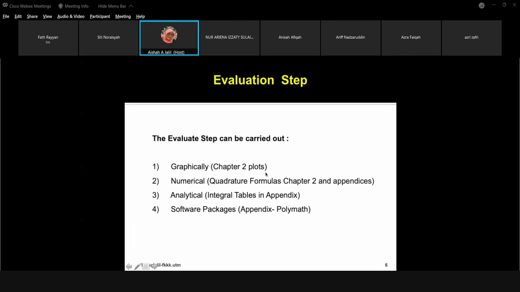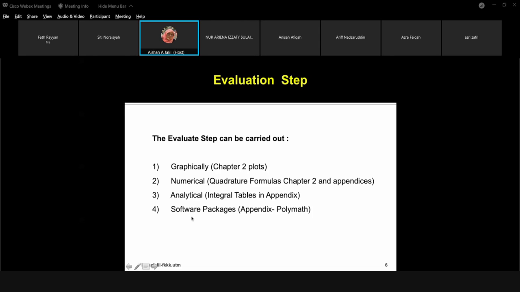Okay, this is the evaluation step, which you can carry out using a graph from chapter 2, the Levenspiel plot. I think you still remember. And then numerical, Simpson's rule, equation, analytical, integral table, or Polymath.